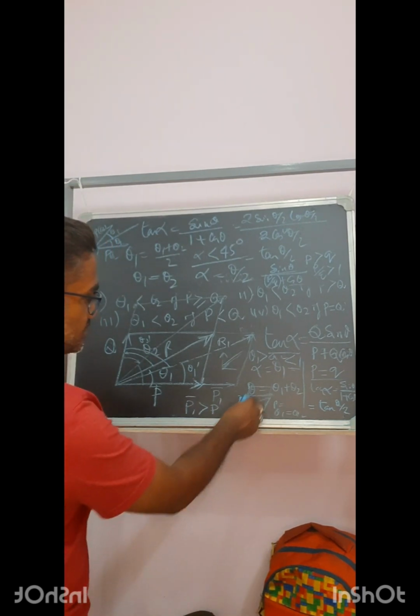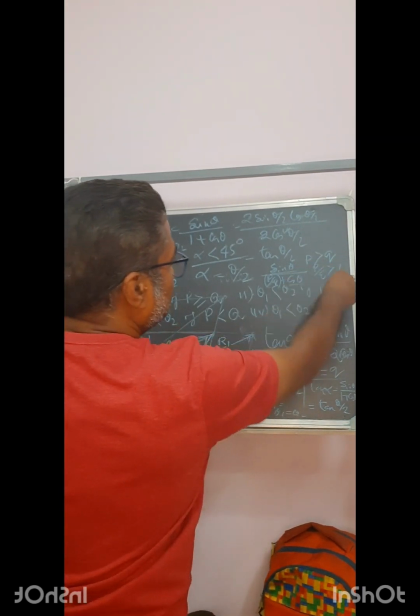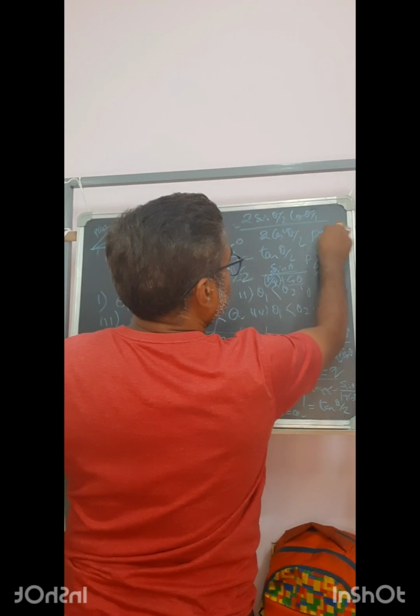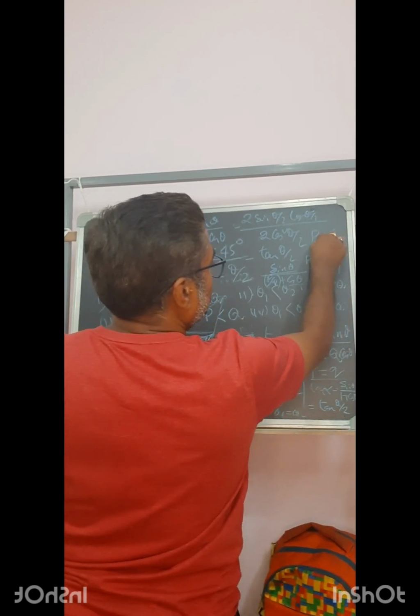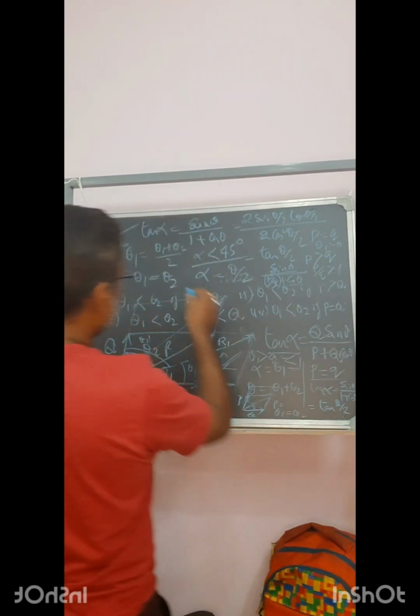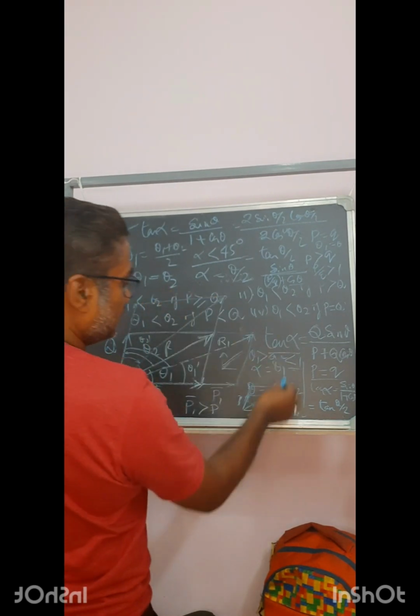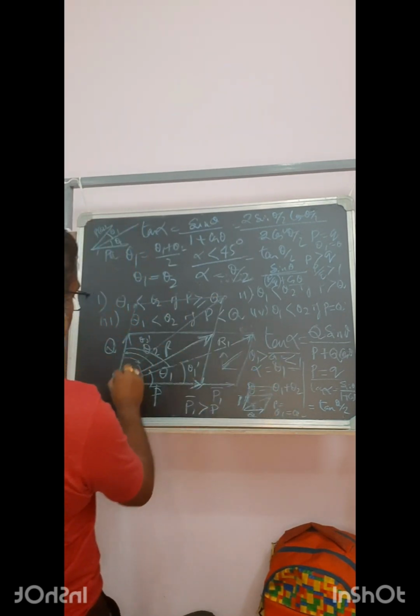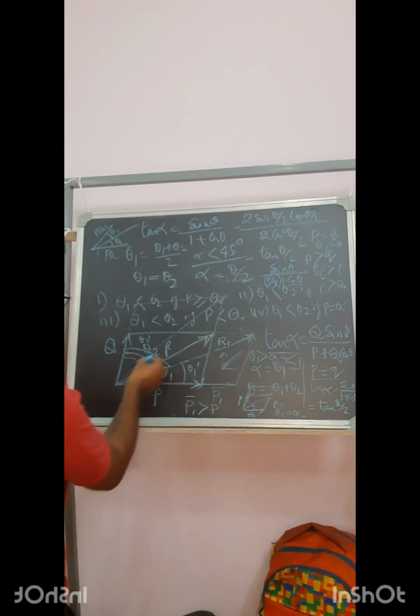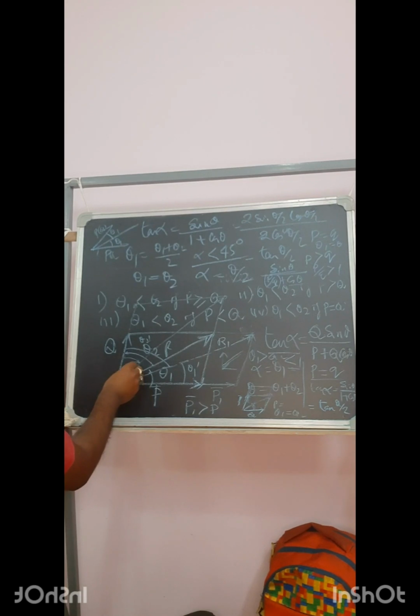So if I increase P, means P is more than Q. Up to the limiting condition P equal to Q, your theta 1 is equal to theta 2. That I have calculated here. But now if I increase P, these vectors, this vertical vector, if I increase, the resultant will go steeper, so theta 1 will increase.